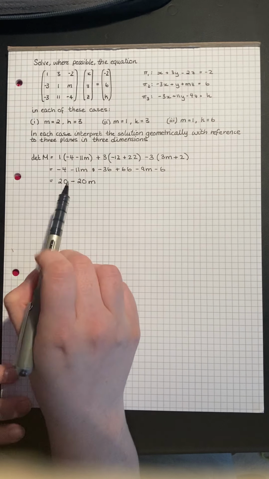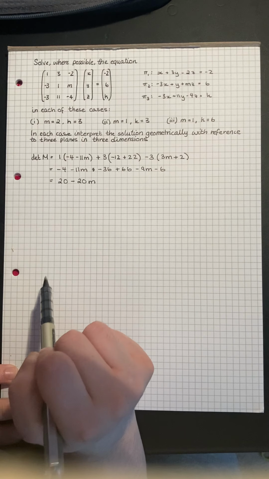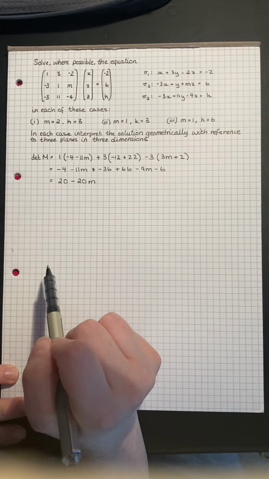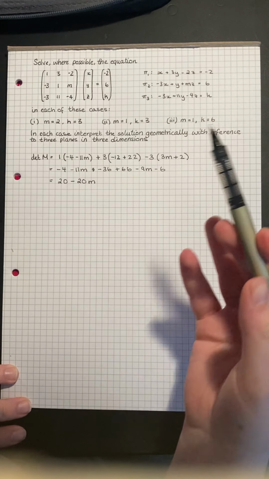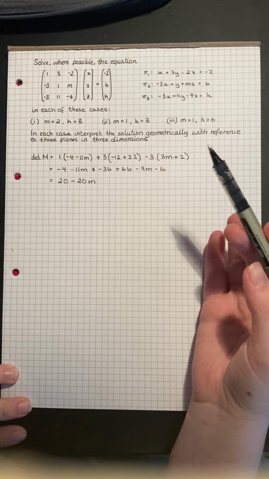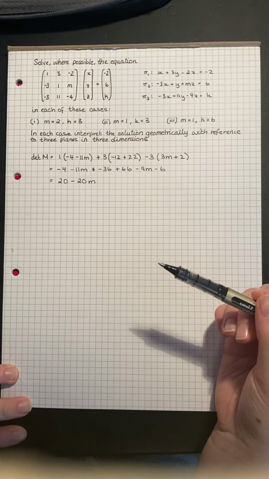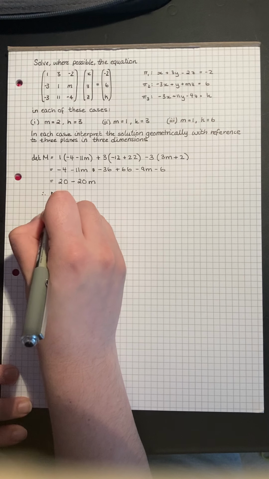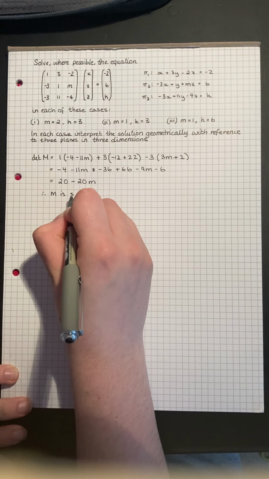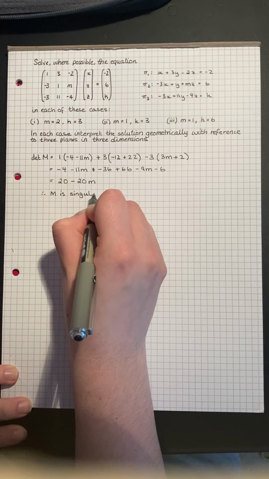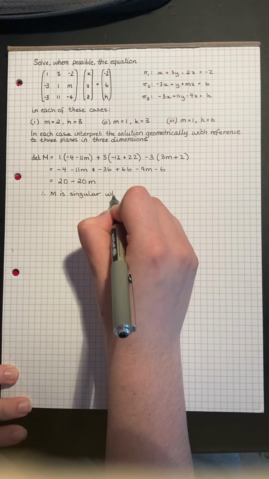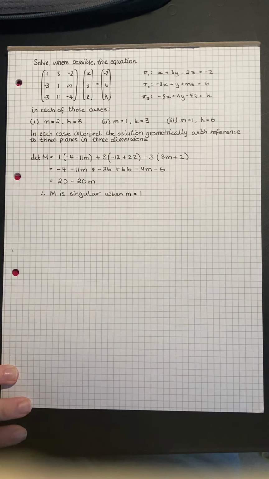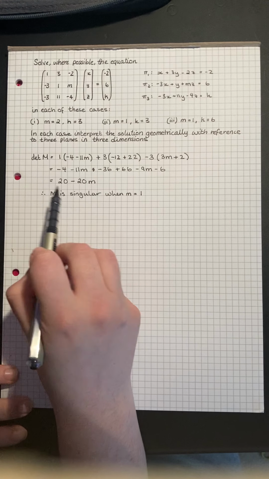So that means that this would equal 0 if m equaled 1. Obviously we want to think about the important time when the determinant is 0, because that means the matrix is singular, so it doesn't have an inverse. So this tells us M is singular when small m equals 1. Okay, because that would make the determinant 0.